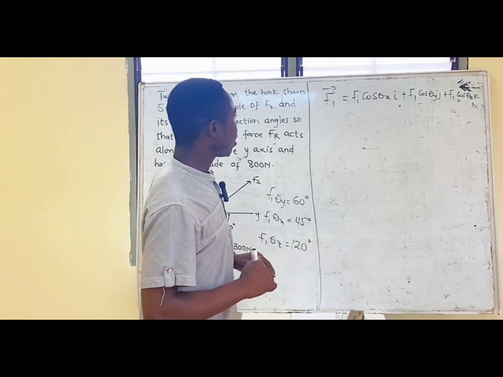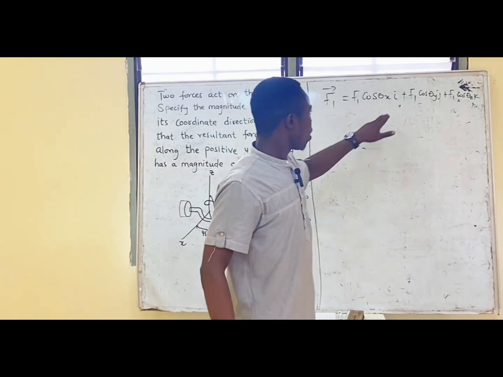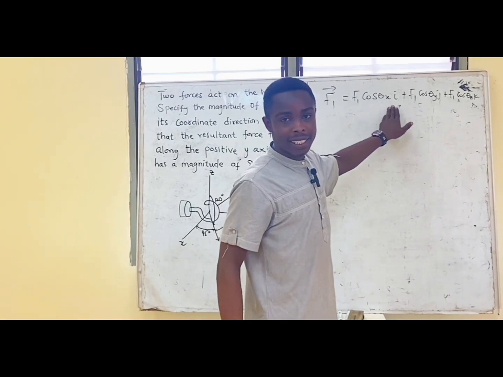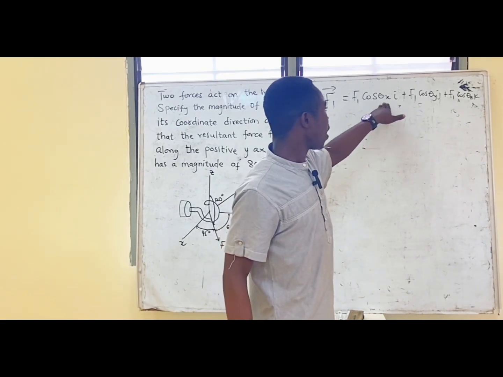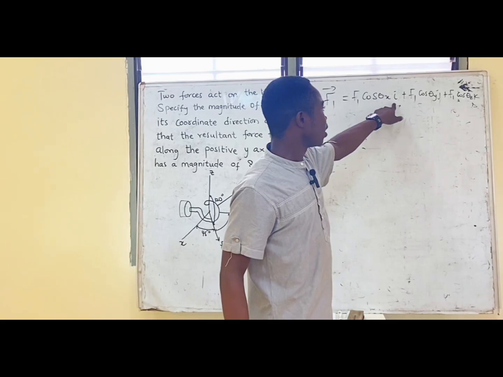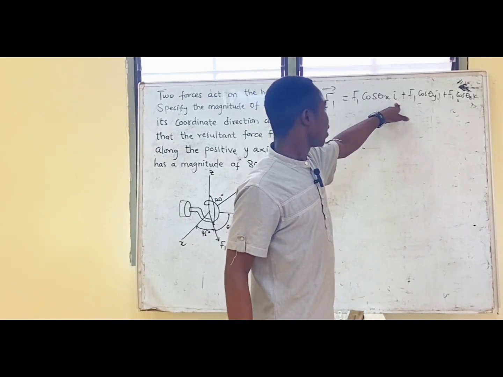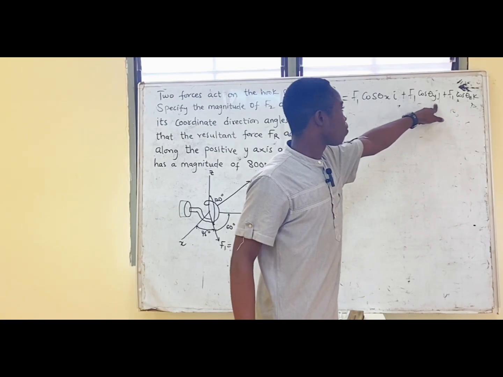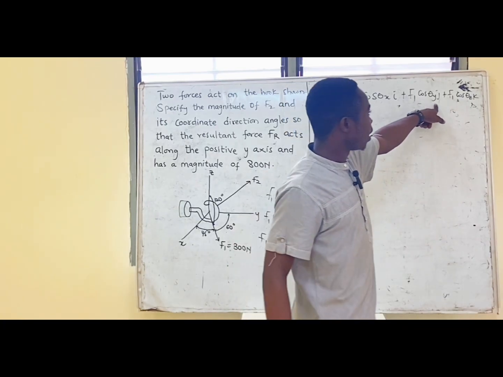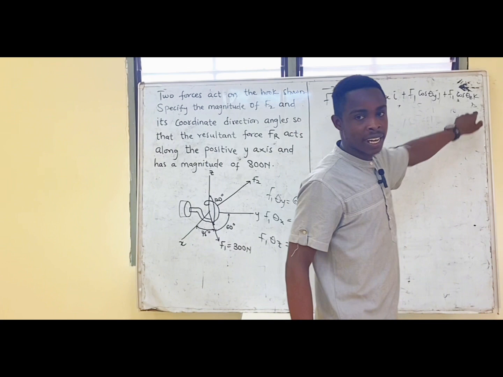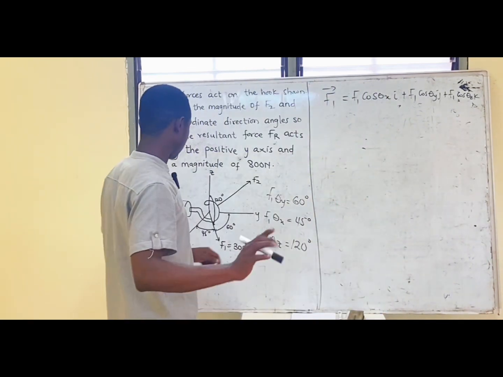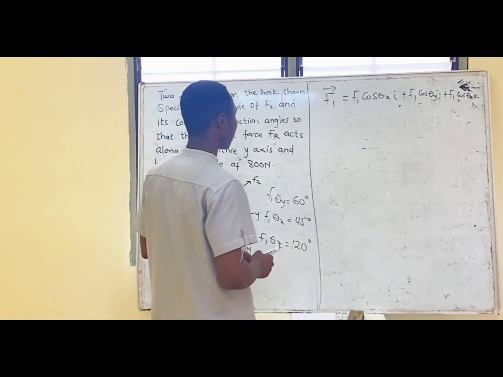Very good. Now, representing this in a Cartesian vector form, we give i to x because the unit vector for the x component is i. The unit vector for the y-axis is j, and the unit vector for the z-axis is k. So let's take note of that.